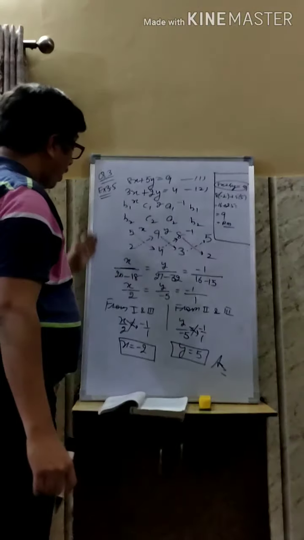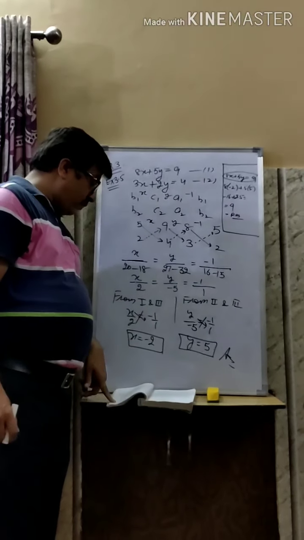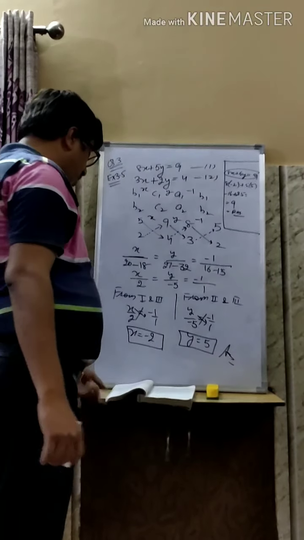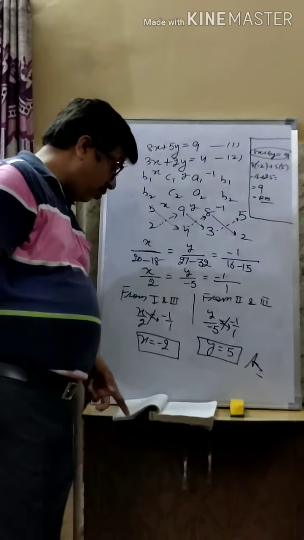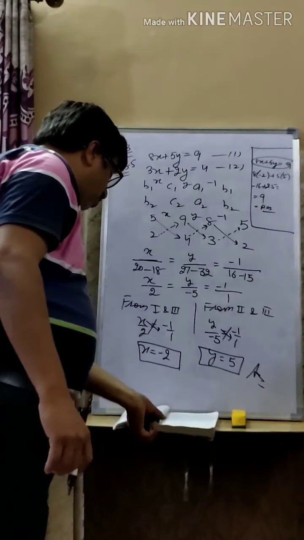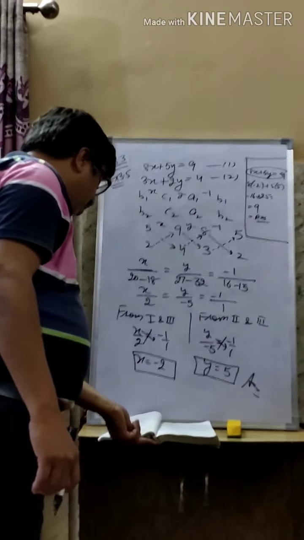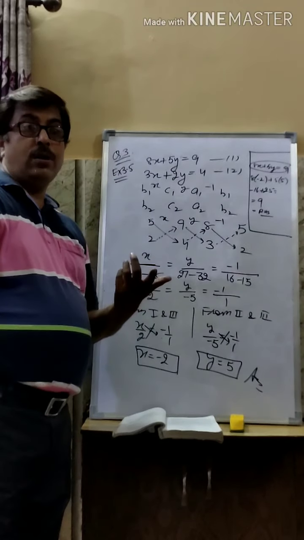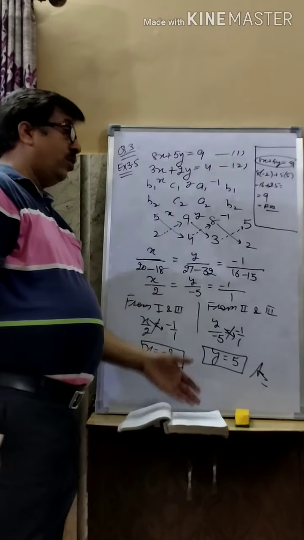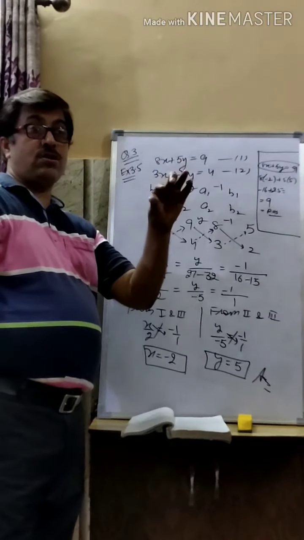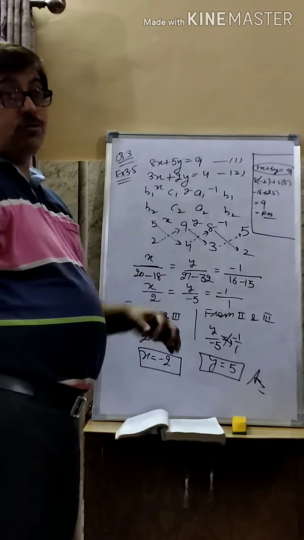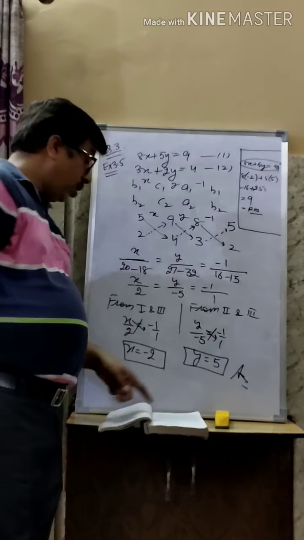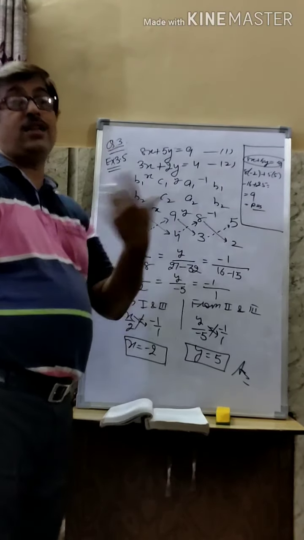So my dear students, in question number 4, word problems are there, fraction types are there, fixed charges are there. In question number 4, what is it saying? You have to solve the linear equations and find their solution by any algebraic method. So what I explained last time is how to make the equations from the word problem, from the statements. So first you make the equations, 2 equations you will make from the word problem, and then solve by any algebraic method.